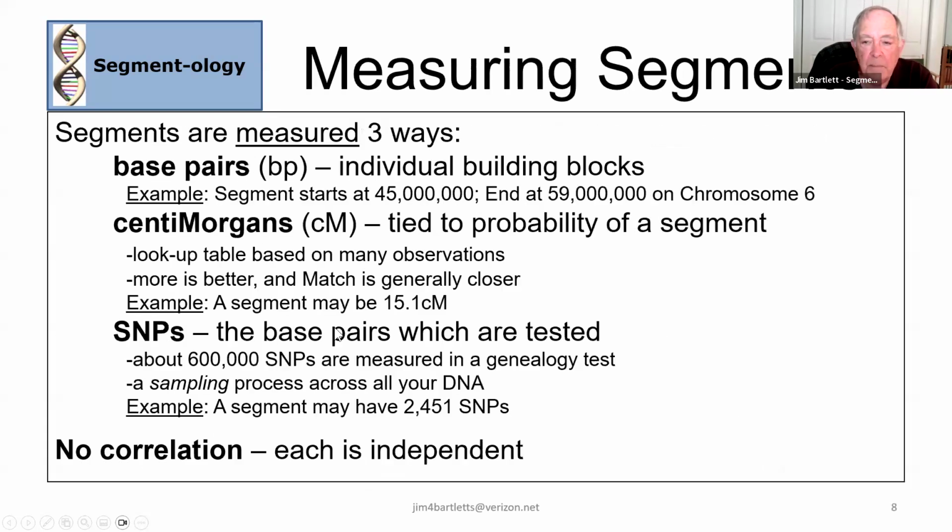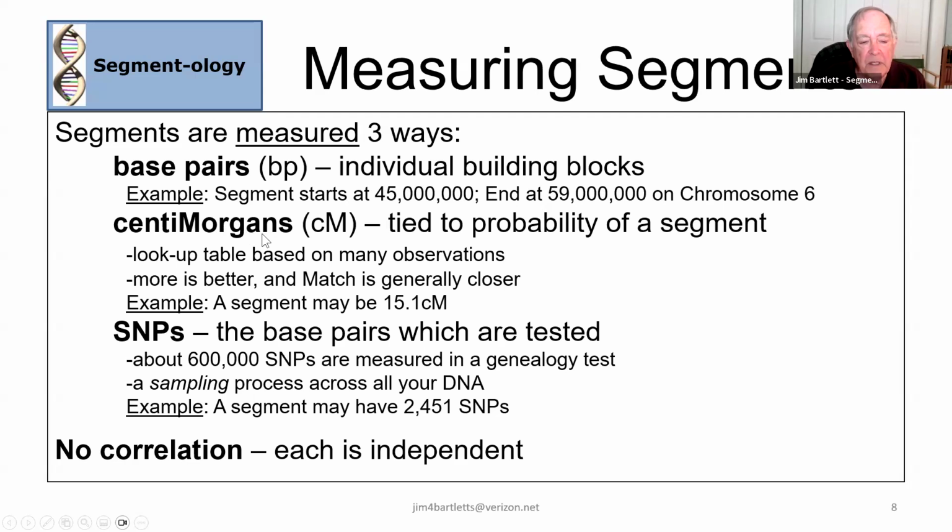Okay, so we measure segments three different ways. We can measure them by the base pairs and say that on a given segment, if you go from 45 million base pairs to 59 million base pairs on chromosome 6, that's a segment.